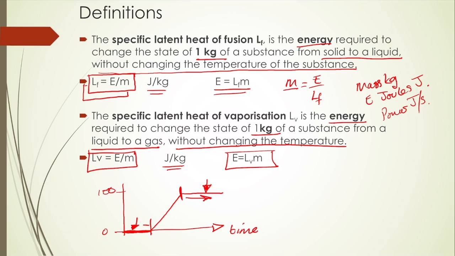In the middle section, the energy goes into changing the temperature of the water. At these two sections, A and B, the energy is going into changing the state: at A, from a solid to a liquid, and at B, from a liquid to a gas. So that's a heating curve for water, and the side there is degrees C.